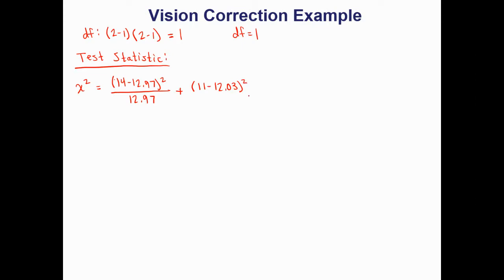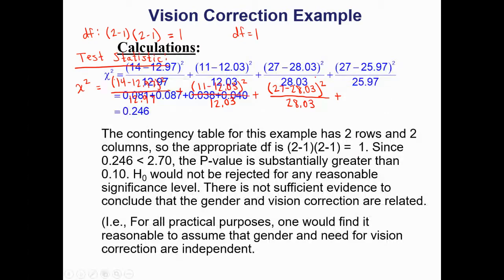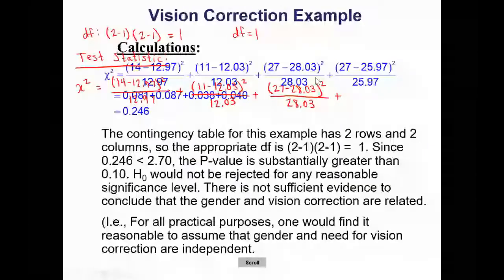Uh-huh. Yep. I'm not going to just write out all 4 of them because there's only 4. We can write 4 of them out. Now, hopefully, when you're writing these out and you're looking at their differences, you can get an idea of what to expect when you calculate. I'm looking at these and I'm thinking, these aren't big at all. I do not expect my value to be very big.